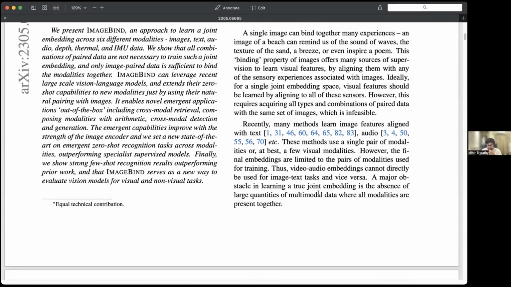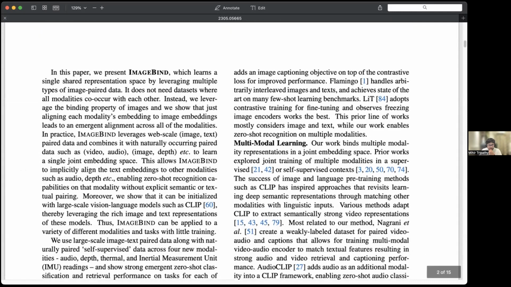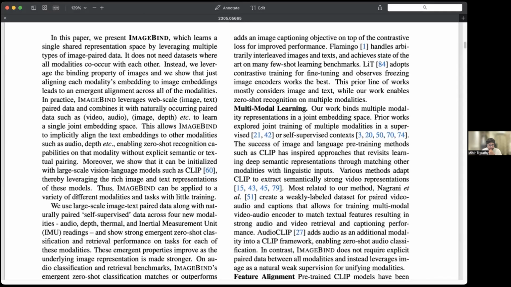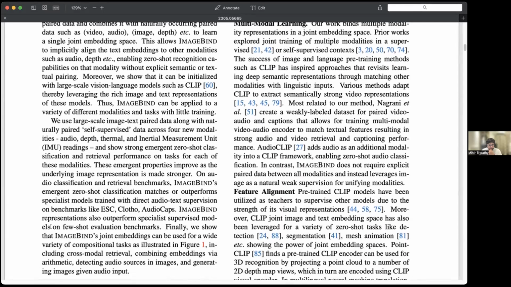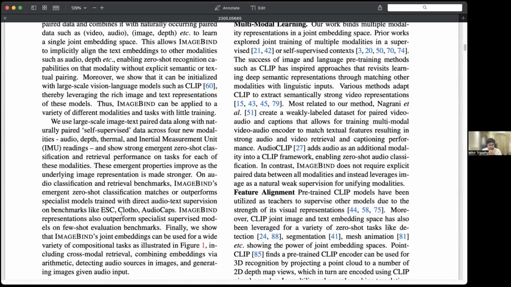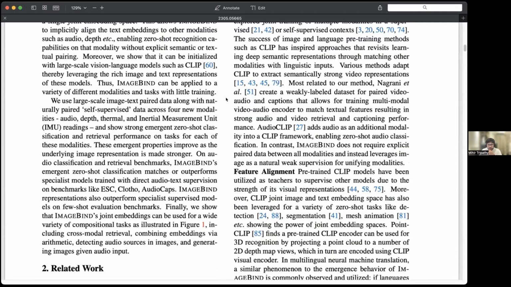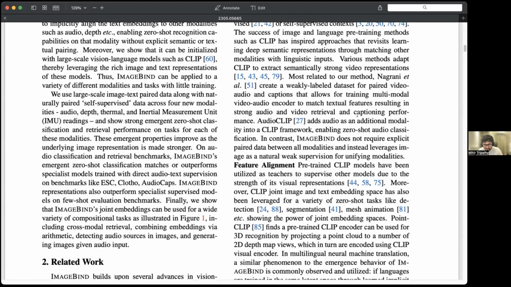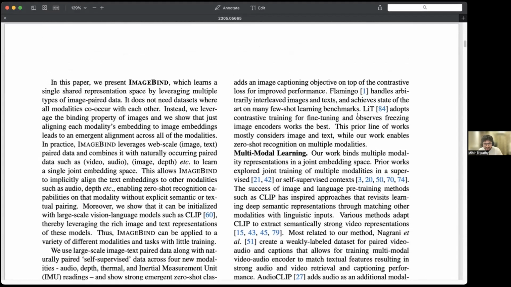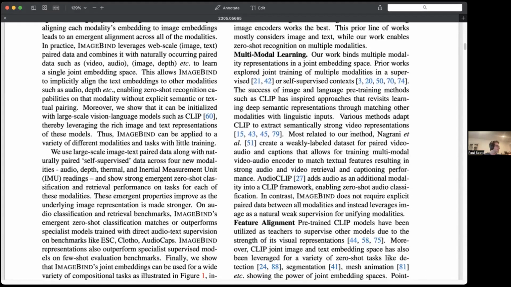Recently, a major... ImageBind outperforms... They did mention it. I wouldn't have said it, to be fair. Maybe it's the table 3 one.